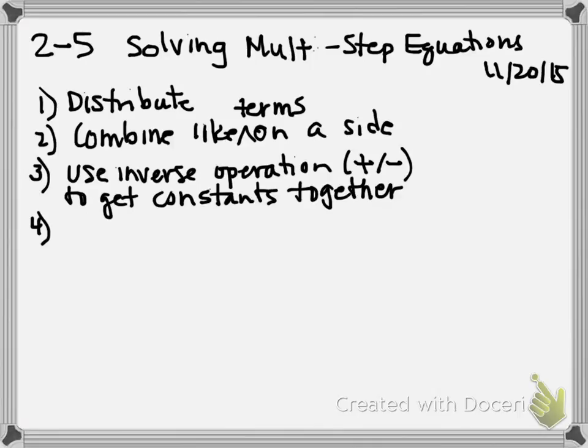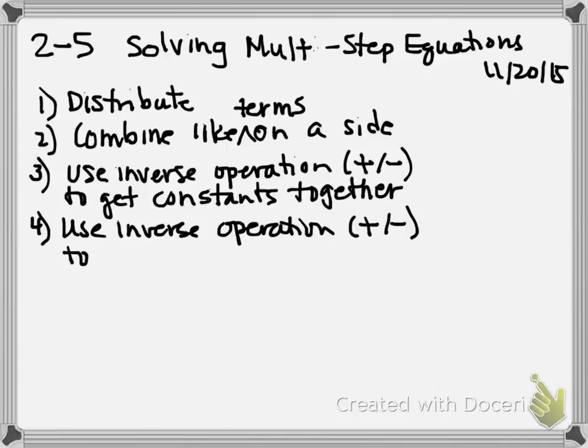It's the only way to get across the equal sign is to do the inverse operations. And then we're going to use inverse operations, again, adding or subtracting to get variables together. So I'm going to write a little note off to the side regarding these two.